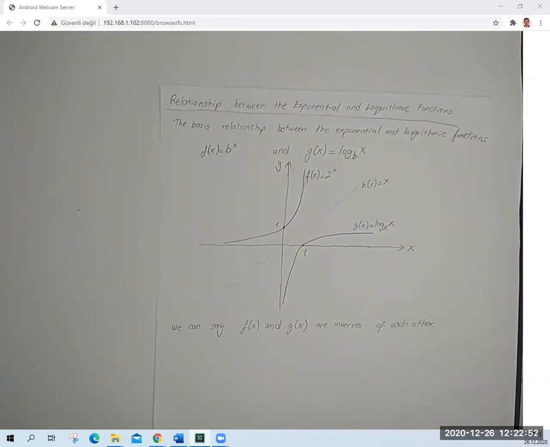So that's it for the relationship of exponential and logarithmic functions.